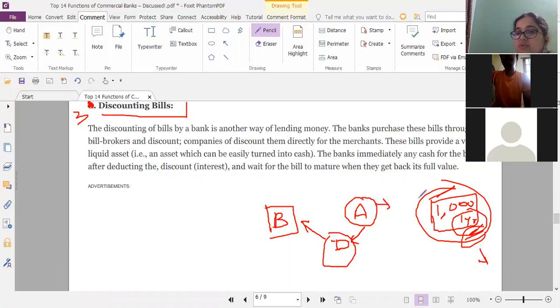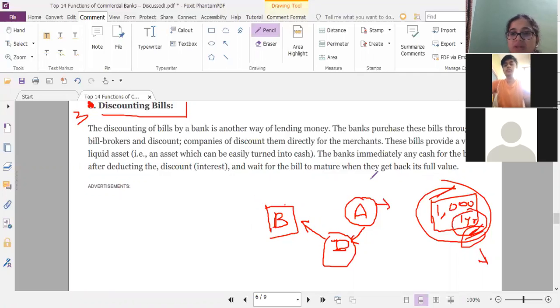The bank in turn will give this money of 1000 to D. Actually, exactly 1000 the bank won't give, but instead it will charge some commission on this 1000, say some 100 rupees or something like this. So instead of 1000, 900 goes from the bank to this D person, and say 100 it is charging as commission from D.